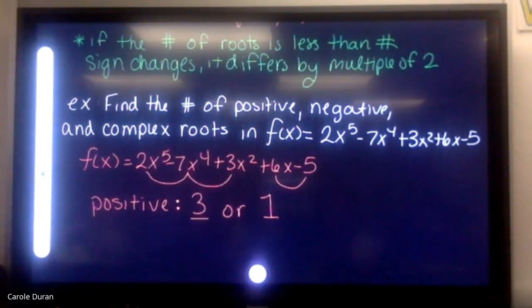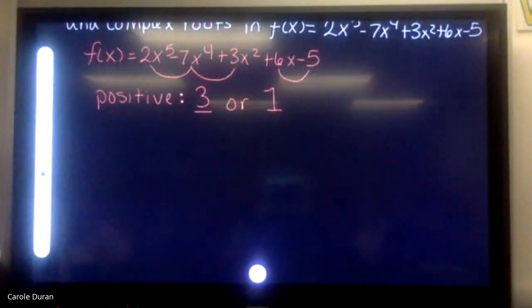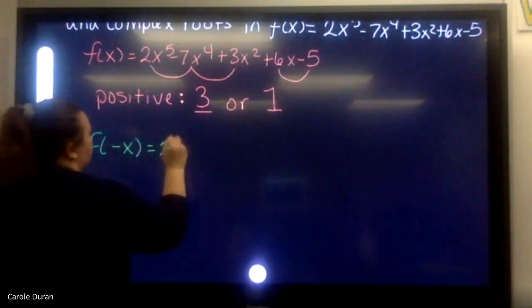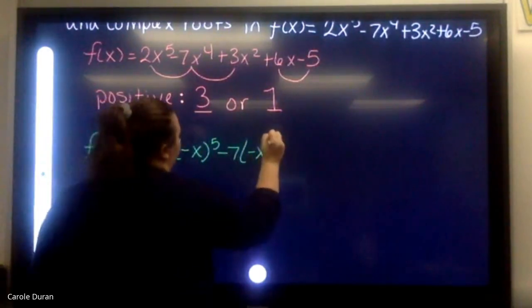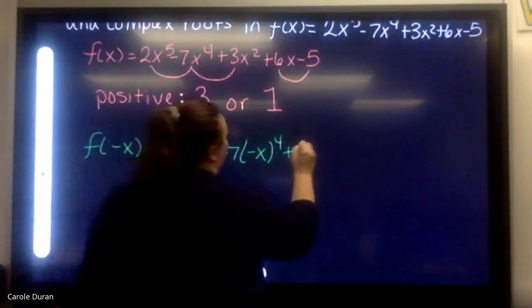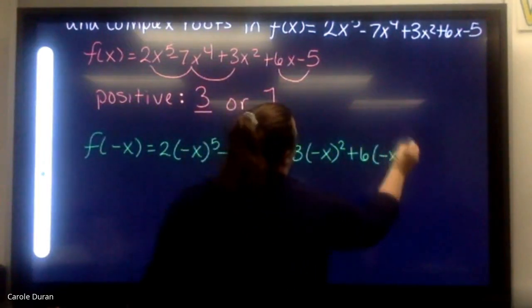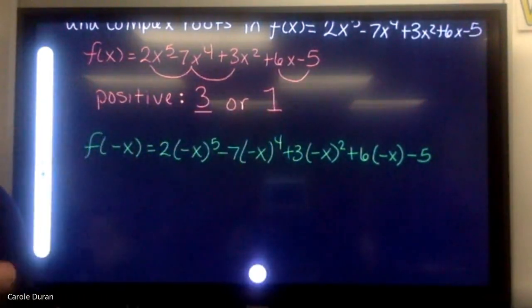So now let's do our negative roots. For our negative roots, we plug negative x in for x and we simplify. So I have 2 times negative x to the 5th minus 7 times negative x to the 4th plus 3 times negative x squared plus 6 times a negative x minus 5. Some people get really confused when we start taking negative x to the 4th and the 5th and the 6th exponents.